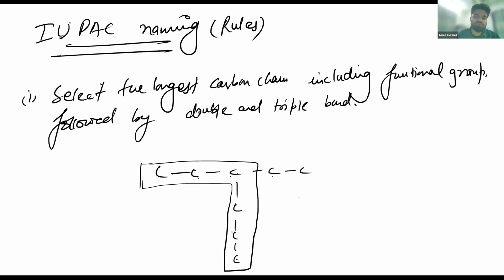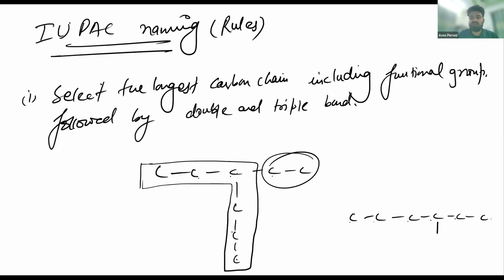Now this can be written as 6 carbons in a straight chain, 1, 2, 3, 4, 5, 6, and this 2-carbon part will be considered as a chain on the third carbon.